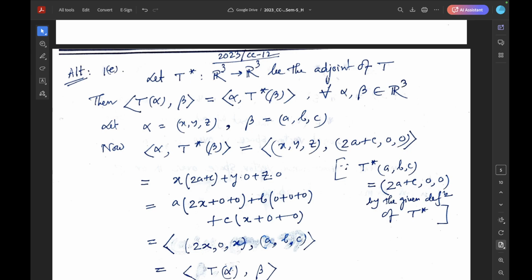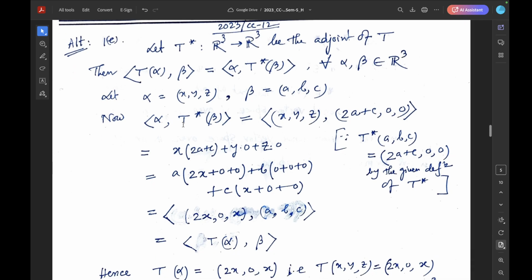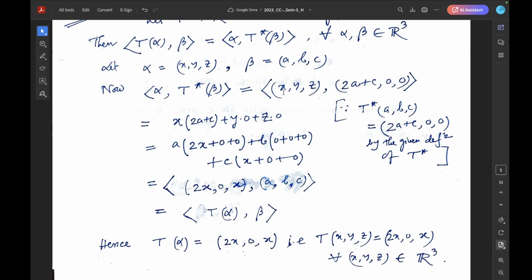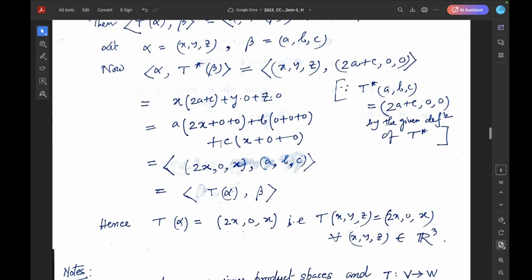Let alpha equal (x, y, z), beta equal (a, b, c). The inner product of alpha and T star beta: alpha is (x, y, z), T star beta is (2a plus c, 0, 0). With the standard inner product, we get x into (2a plus c) plus y into 0 plus z into 0. This is equal to a into (2x plus 0 plus 0) plus b into (0 plus 0 plus 0) and plus c into (x plus 0 plus 0).